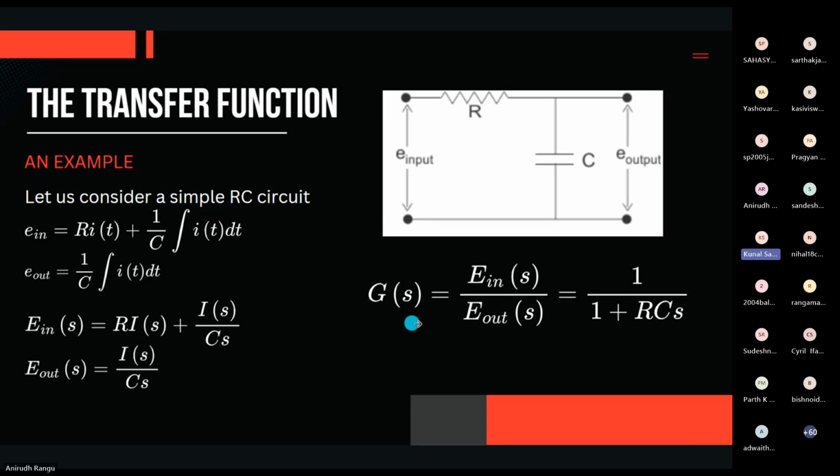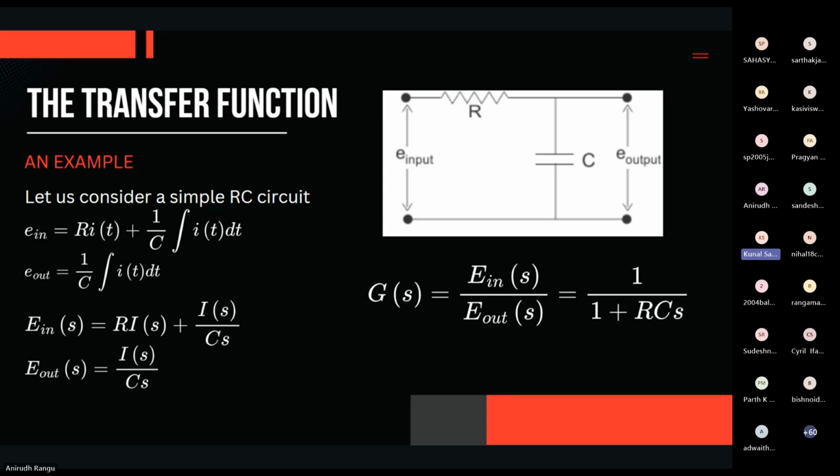Let's say the current in the circuit is varying as I of t, and applying basic Kirchhoff's laws, we can figure out that E input is Ri plus Q by C, where Q is the charge in the capacitor, written as the integral of current over time, I dt.